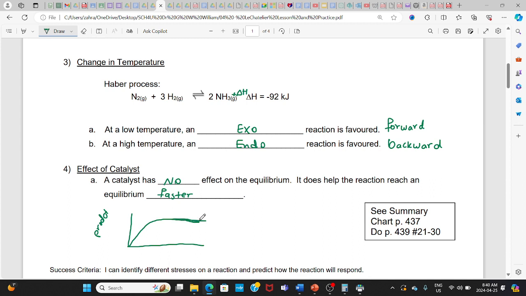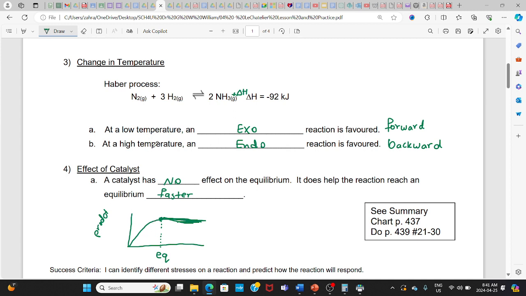When it becomes horizontal, it means you're reaching equilibrium. I put EQ here, established at the point when neither your product nor your reactant is changing, right? That is equilibrium. How does the catalyst help you? It helps you reach equilibrium faster.